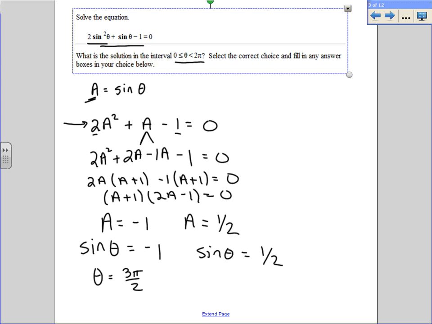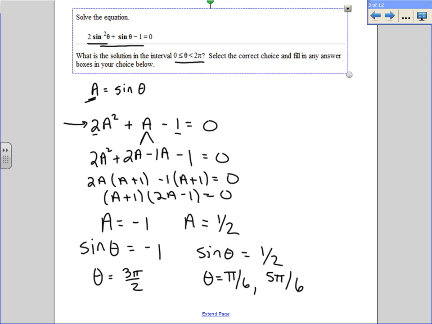Now, on my other equation, where is sine 1/2? That would be at pi over 6. It's also going to have a solution somewhere else, because sine is positive in the first quadrant and the second quadrant. So looking in the second quadrant, it would also be 5 pi over 6. So there I got 3 solutions for that equation.